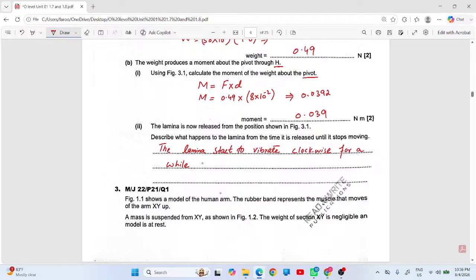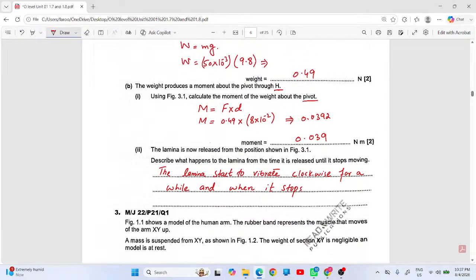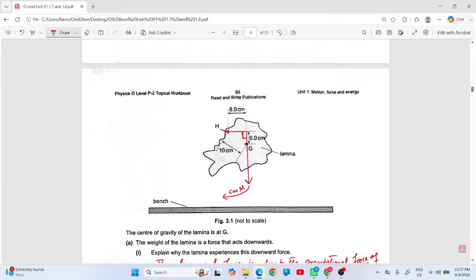and when it stops, then what will happen, Abdullah? Oscillation and vibration are the same thing. It will be like this, this is the edge point. So let's suppose the edge point is here. When it stops, the center of gravity is directly below the edge point.